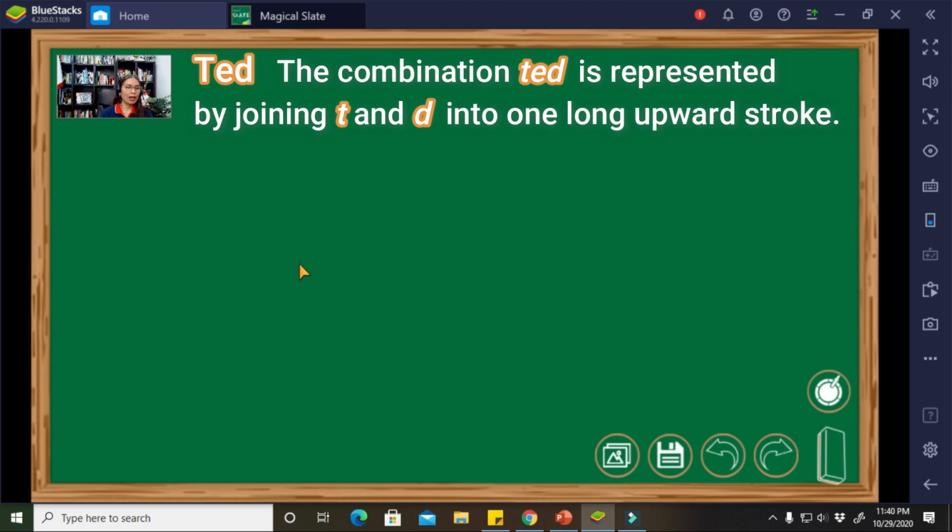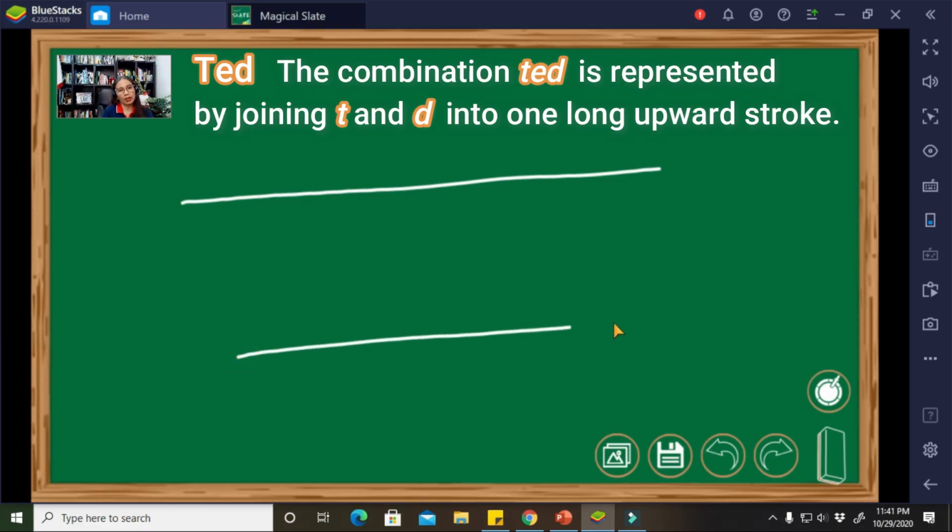So we have to combine T and D. We have to combine the T and the D in a straight line, occupying one whole space. That is the upward stroke or symbol.